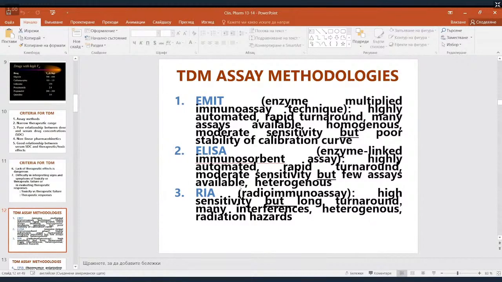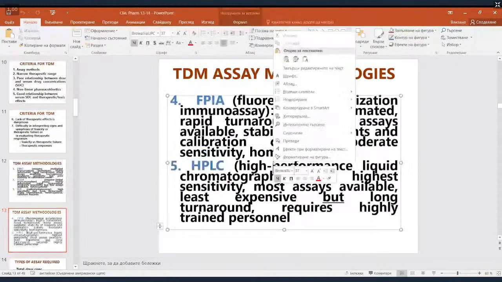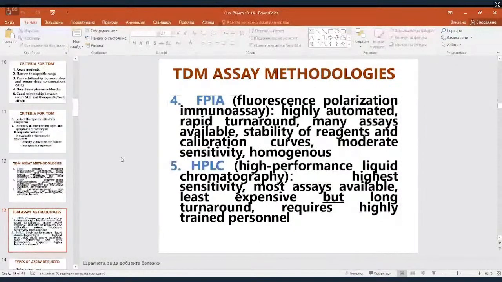But there are two other methods, which is the FPIA, the fluorescence polarization immunoassay, and the HPLC, which is high performance liquid chromatography. And I think you have probably seen HPLC also. And HPLC actually is one of the most sensitive methods.